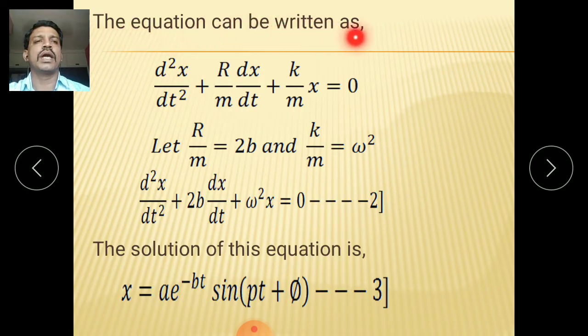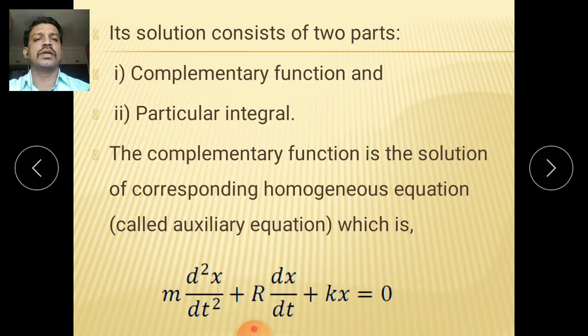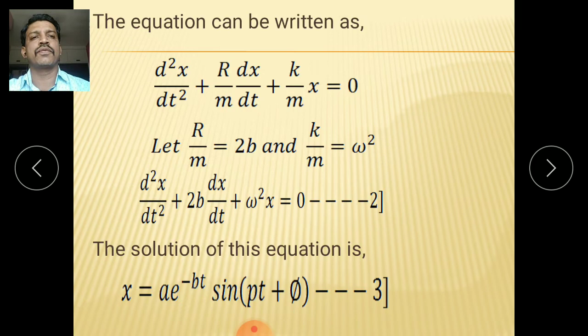The equation can be written as d2x by dt square. We just divide the whole equation by m. If we divide by m, the first term m by m is 1, therefore it is d2x by dt square plus r by m dx by dt plus k by m x equal to 0. So the equation is like this.